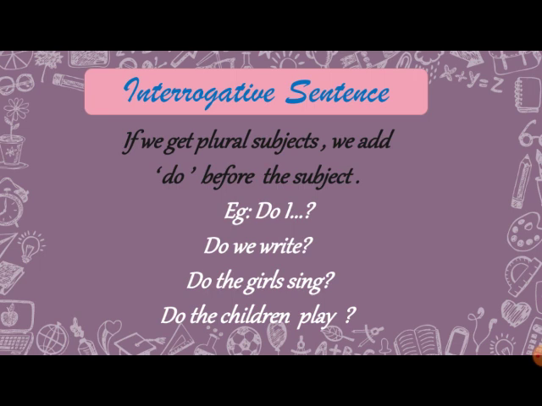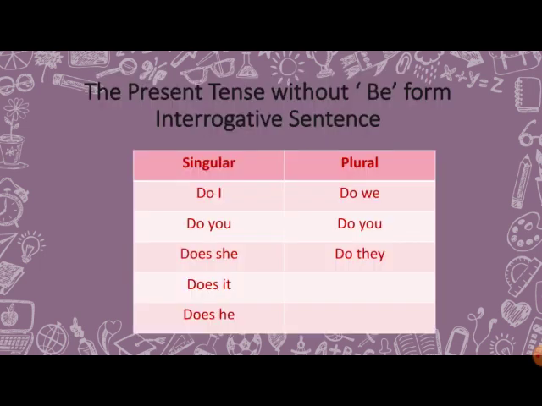So I want you to write all the rules in your grammar notebook, understand them and keep the rules in your mind. Present tense without be form, interrogative sentence: do I, do you, does she, does it, does he, do we, do you, do they.